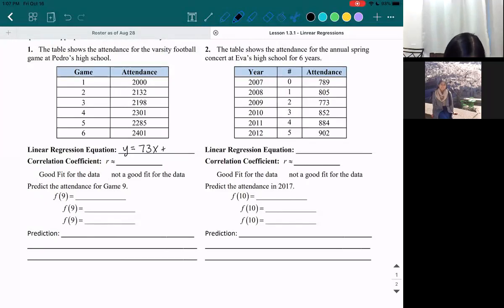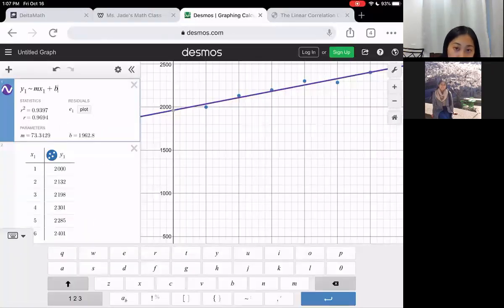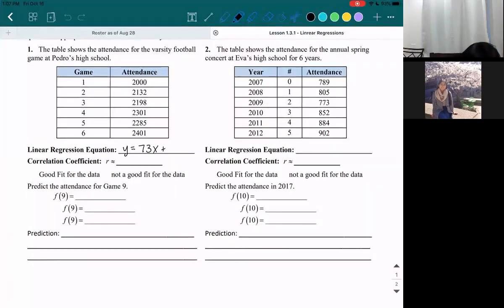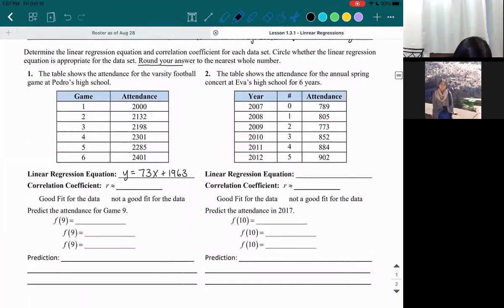According to Desmos, our b value was 1962.8. Rounding that to the nearest whole number, we get 1963. Remember, it just wanted us to round our answer to the nearest whole number, so that's why I'm doing that. So here is our linear regression equation.